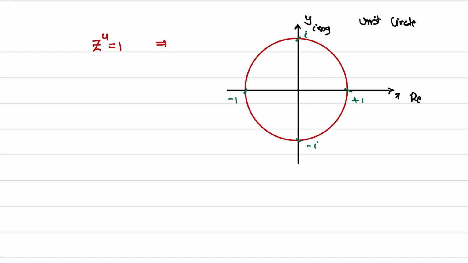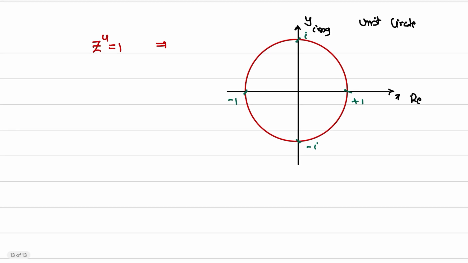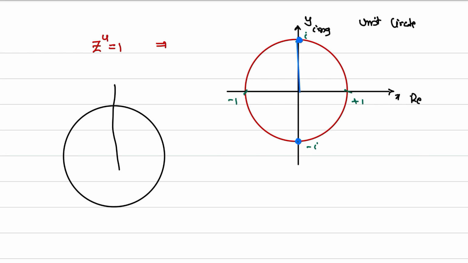What are the primitive roots? Primitive roots are only these two. This one is the primitive root. This one is the primitive root. Similarly, if there is a unit circle with 100 roots, z to the power of 100 is equal to 1, let us say 100 roots are there.